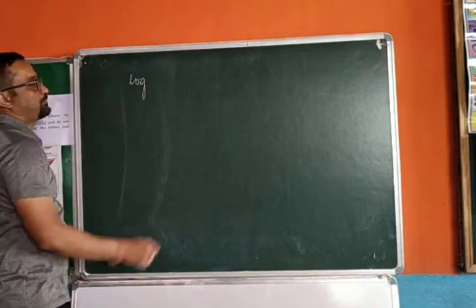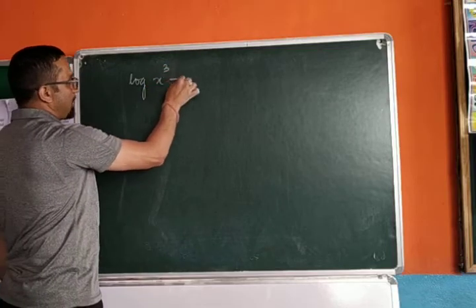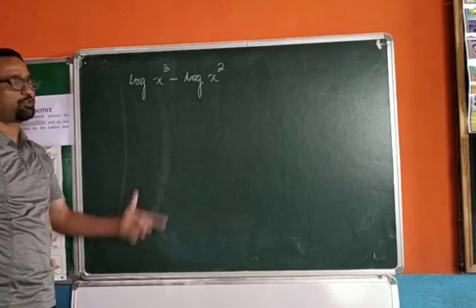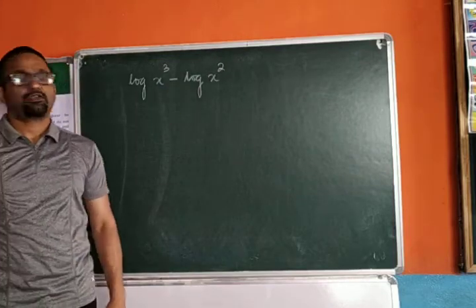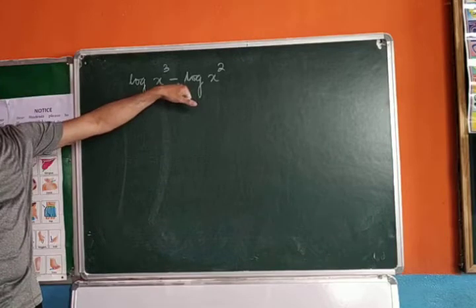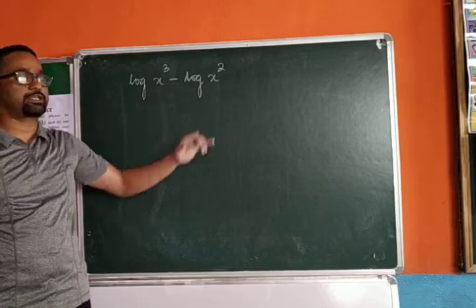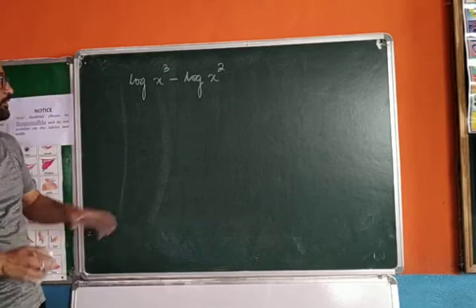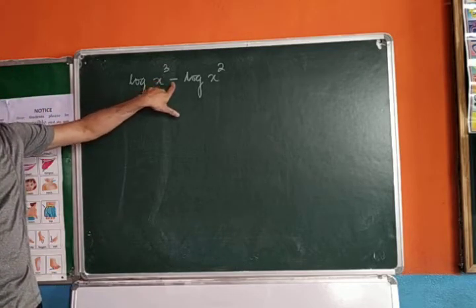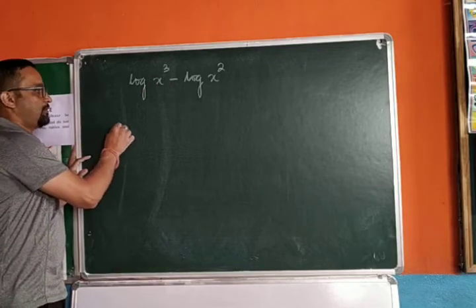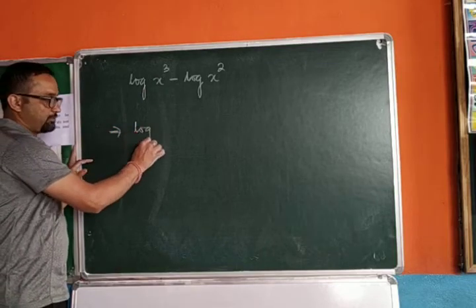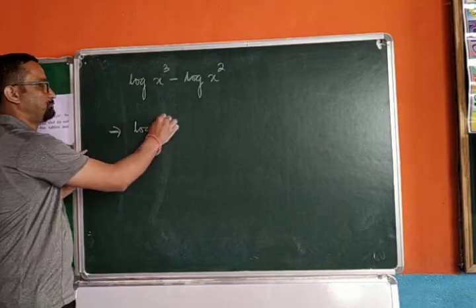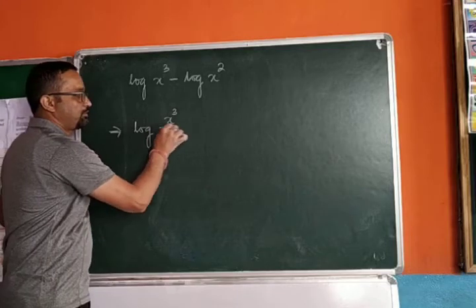log x to the power of 3 minus log x to the power of 2. Look at this one. In between logarithms, you have a minus sign. There is no base given, meaning we consider it as base 10. Minus sign, you write one log. First one goes at the numerator, x cube.